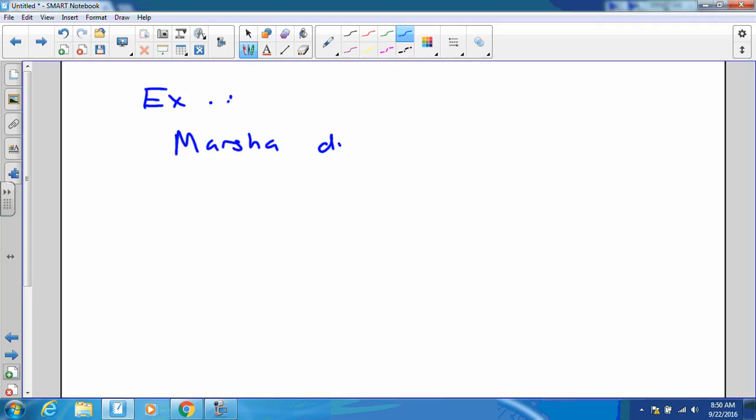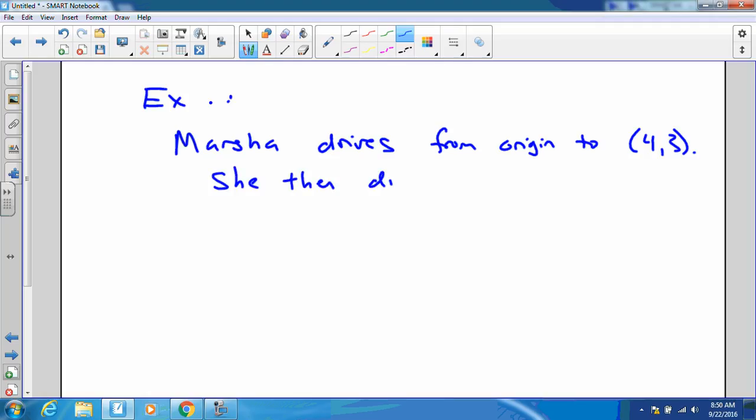As an example, suppose Marcia drives from the origin to (4, 3).